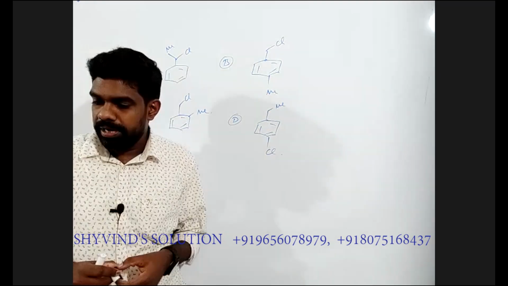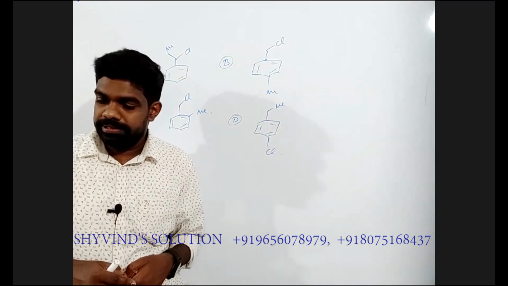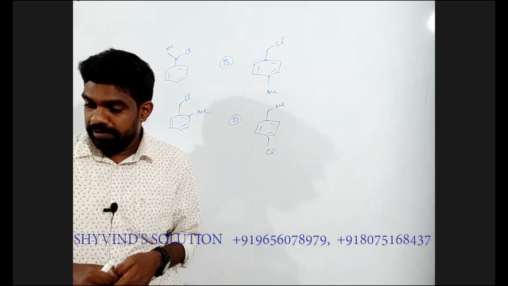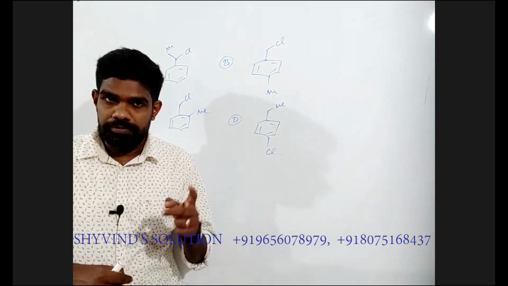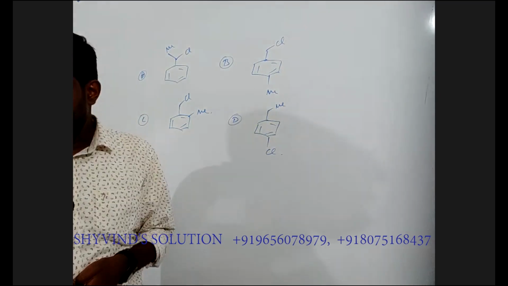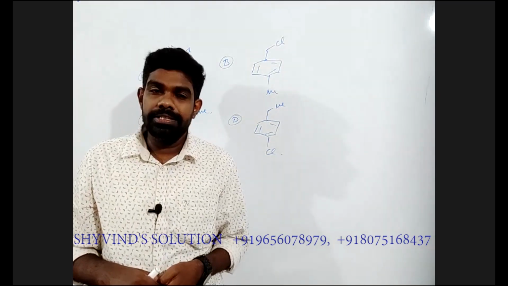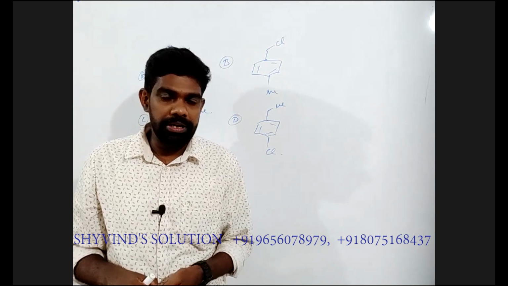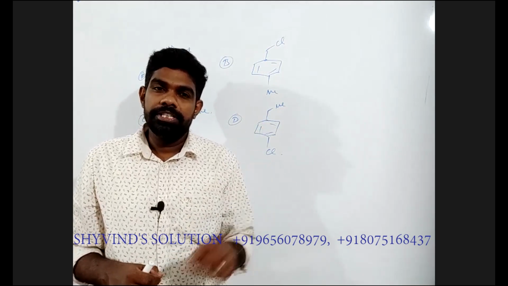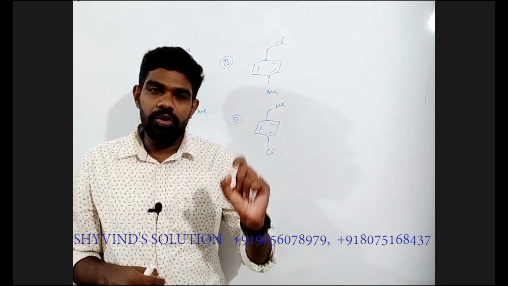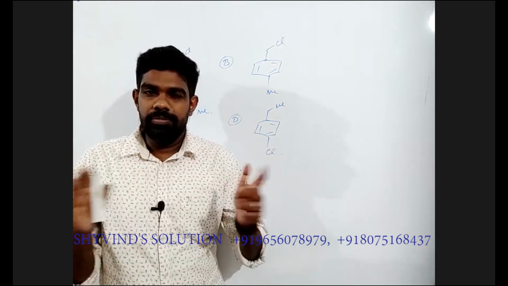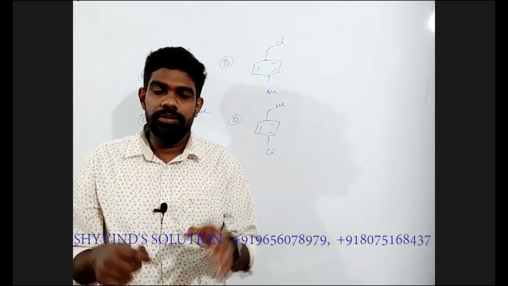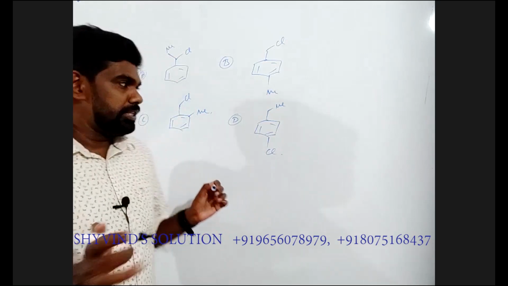If you look at the question, there is one peak at 7.3, that is 7.31, corresponding to 2 hydrogen. 7.3 means it is in the aromatic region. 7.28 is the correct value for benzene, so there will be a slight change from 7.28 because benzene has no substitutions.